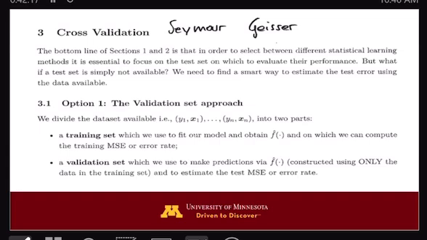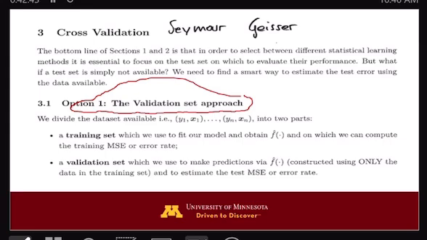Number 1 is the validation set approach. Please pay attention. In the validation set approach, what we're going to do is split the entire data set into 2. One group will be training, the other group will be test, which is the validation set.